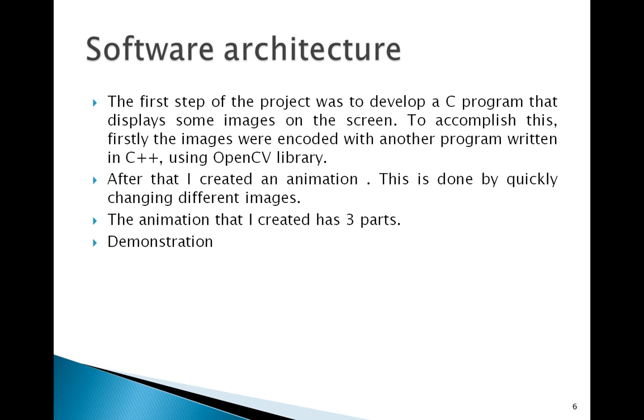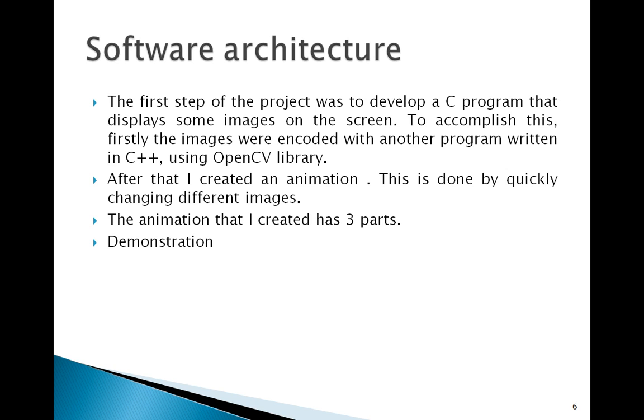firstly, the images were encoded with another program written in C++ using the OpenCV library. The C++ program has a set of 3-channel BMP images as input and a .txt file as output. The content of the output folder consists of a vector for each color: one for red, one for green, and one for blue.